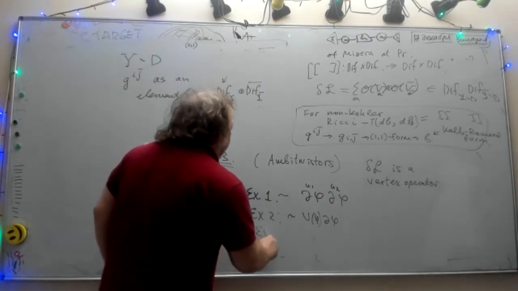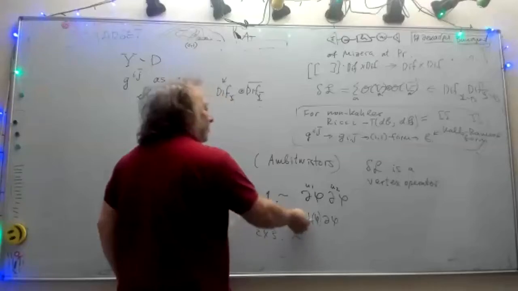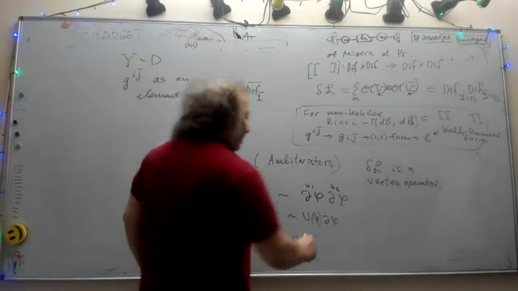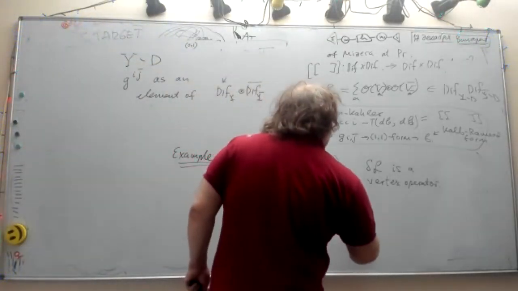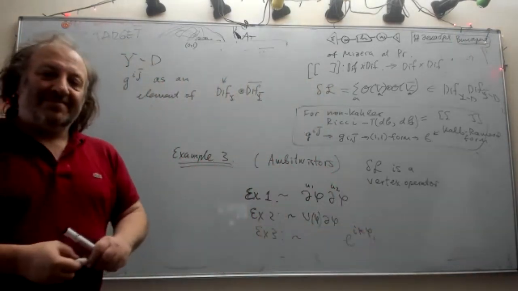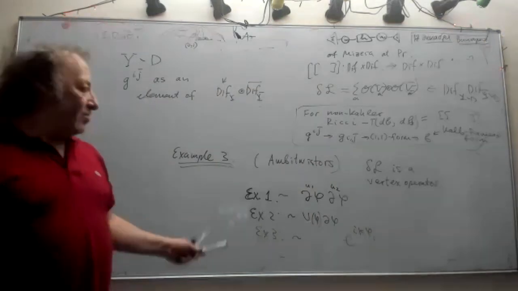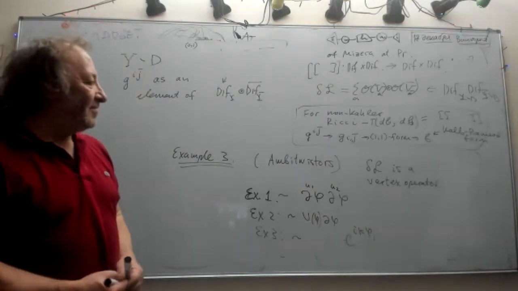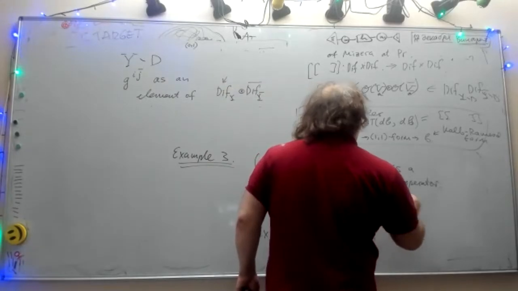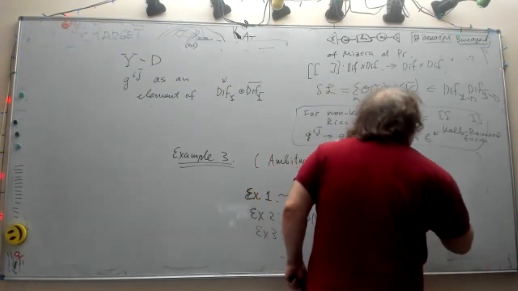So in example 3, and these are like polynomials, okay? And here I study exponentials, okay? Now, in example 3, the OPE of e to the a chi 1, e to the, sorry, chi 1.